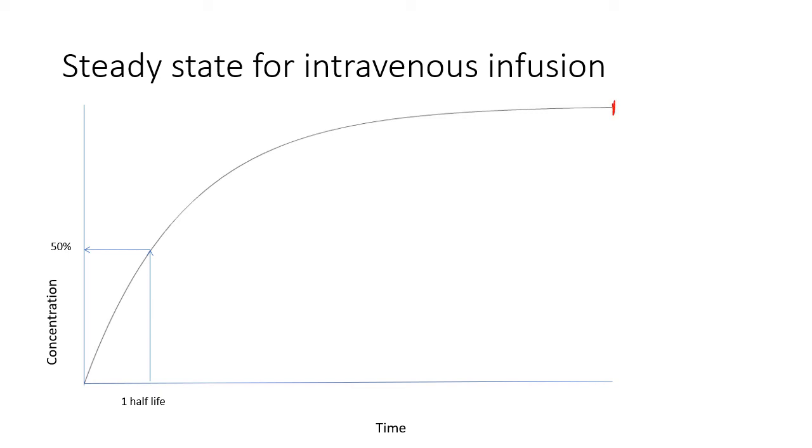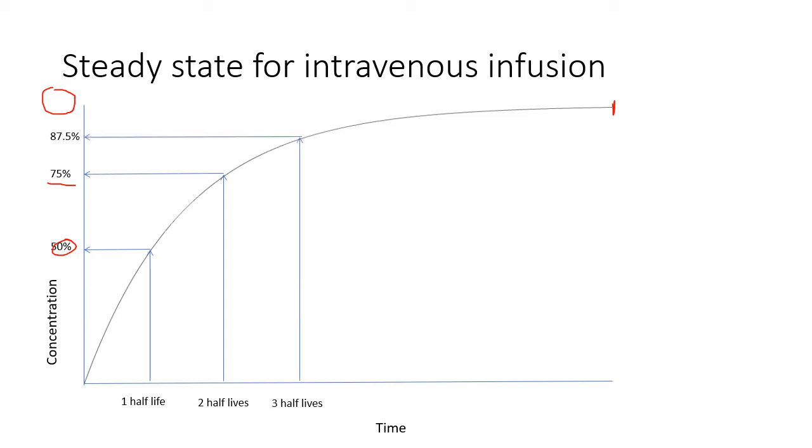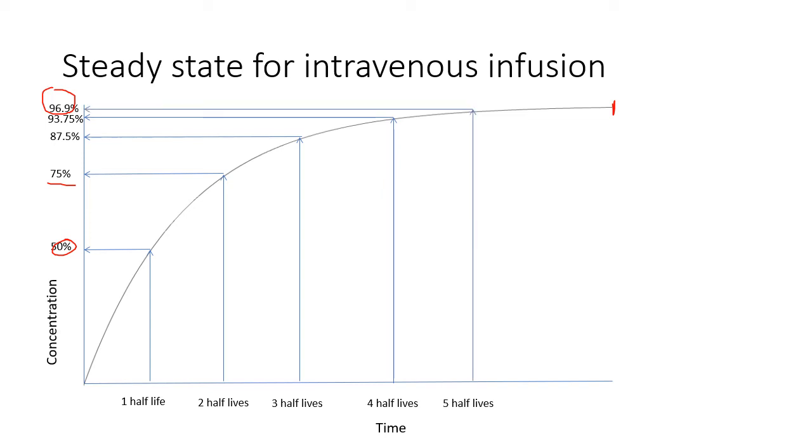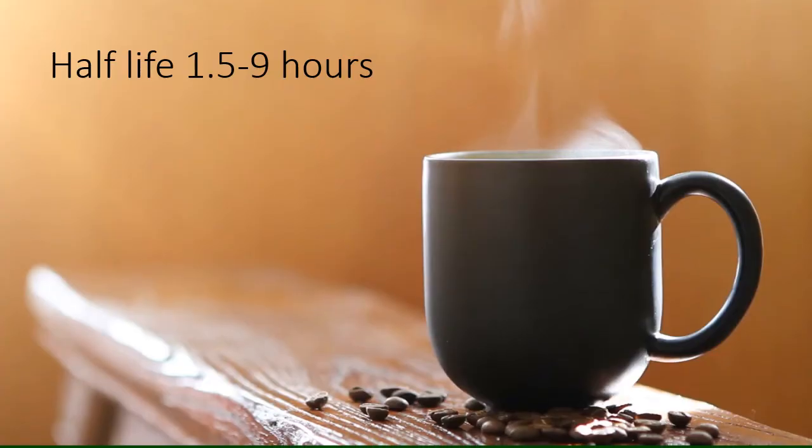After two half-lives, that ends up being 75% because now they get halfway between 50 and 100%. As we keep going, at three half-lives, you get to about 87.5%. At four half-lives, 93.75%. And so we say, by the time you get to five half-lives, that's really close enough to get to steady state. So it takes five half-lives to get to steady state.